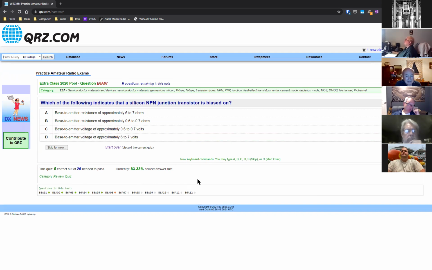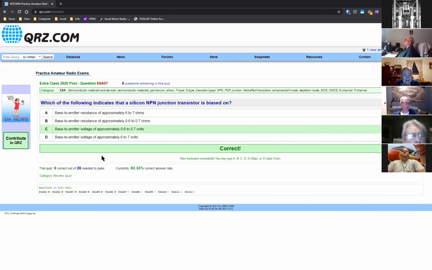Which of the following indicates that a silicon NPN junction transistor is biased on? Let me see. B or C? Yeah, it's going to be both.